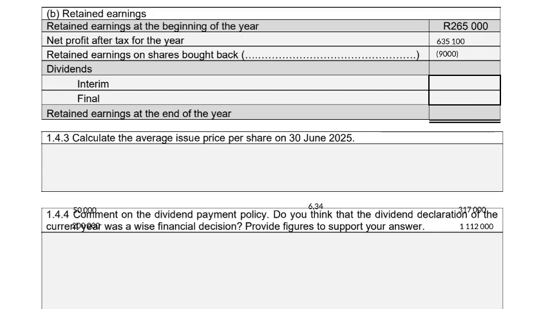Dividends, an interim dividend was paid and declared, 99,000 Rand. And a final dividend of 160,000 Rand.